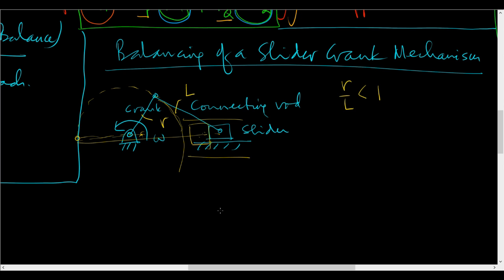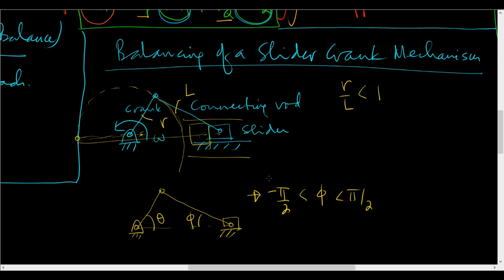Now, when we are trying to do this balancing, there are two things here. One is, if this angle is theta, theta goes round and round, this angle is phi, phi remains between minus pi by 2 and pi by 2. Okay, so this is one thing that happens, although theta goes round and round.